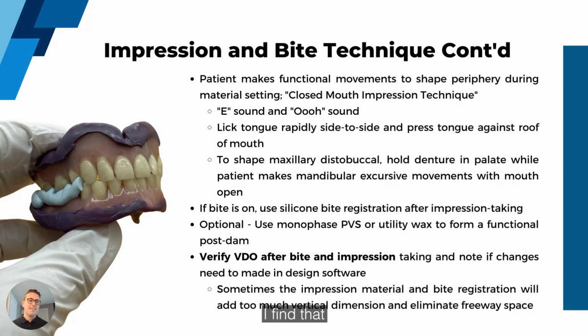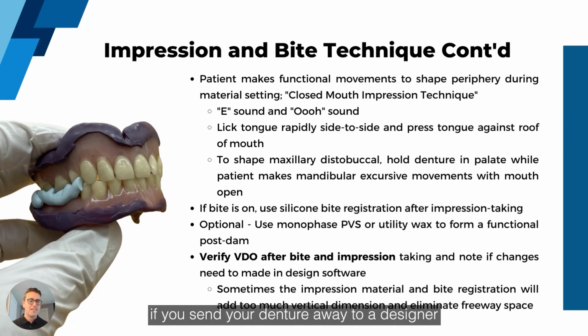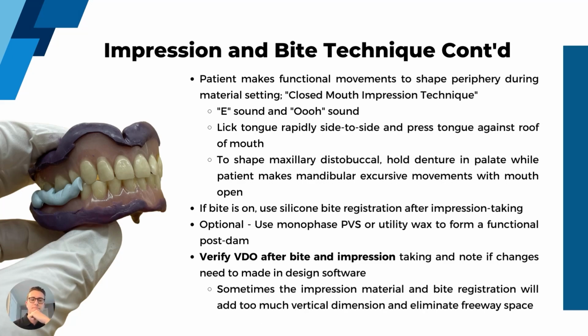I find that if you send your denture away to a designer, they might not always place that post-dam exactly where you like. But if you can do it functionally inside of the impression, then you're always guaranteed to get a really high quality post-dam and improve the suction of the denture and help keep food out of that distal extension on the upper denture.